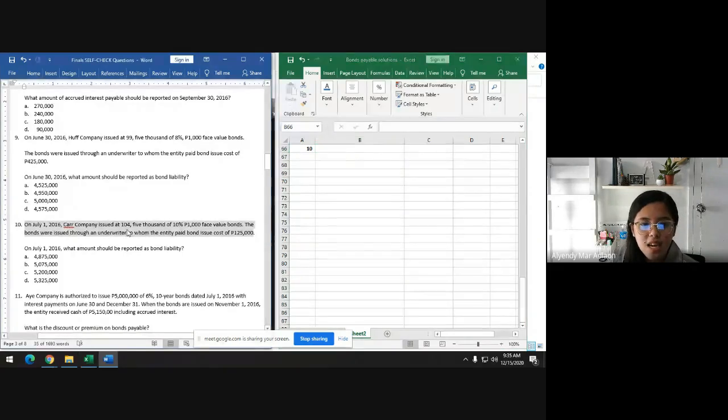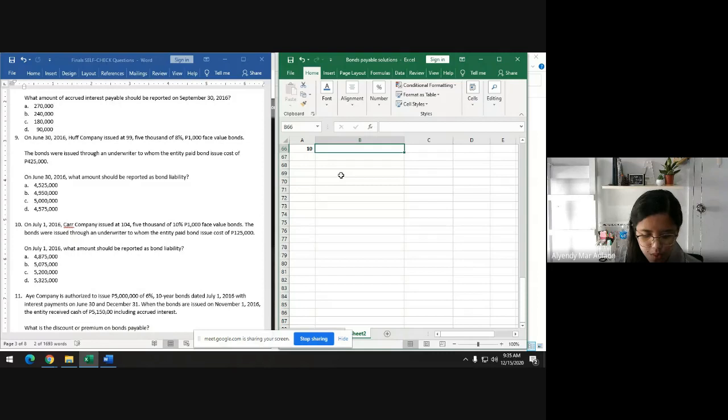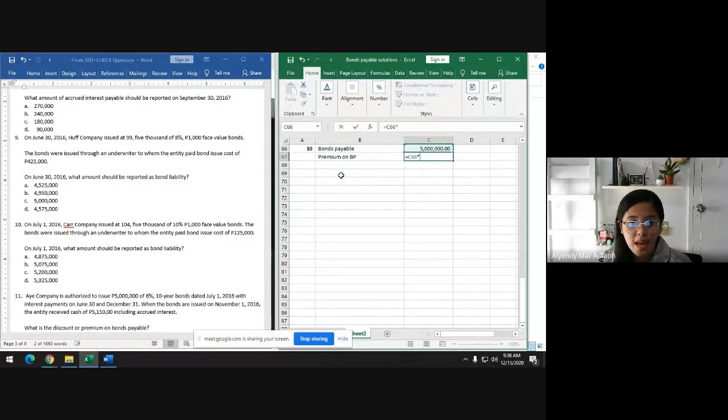How did we know that? Because the issue price is greater than the face value. That is 104%. So, we have bonds payable of 5,000 times 1,000, then premium on bonds payable. The premium is 4%, since it is 104%. So, the premium is 200,000.